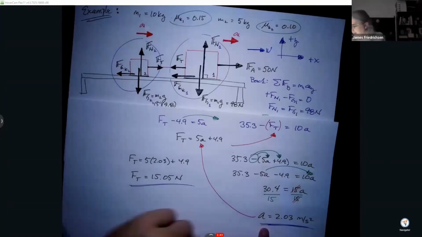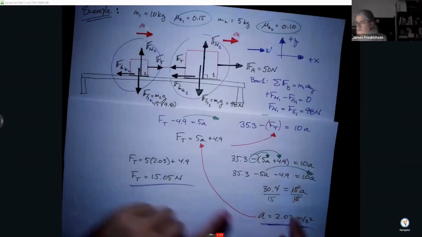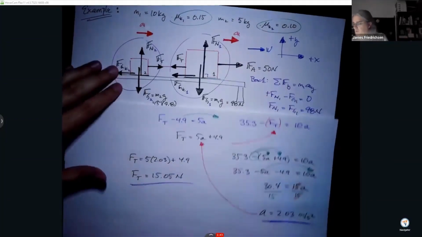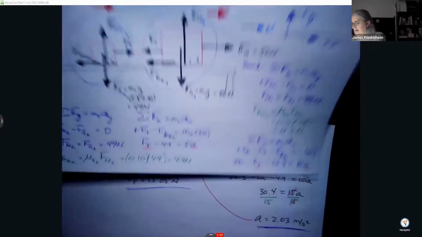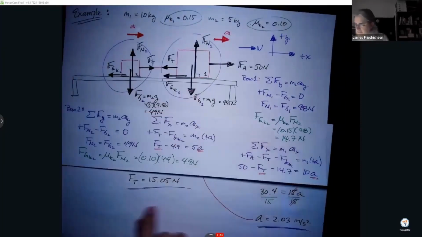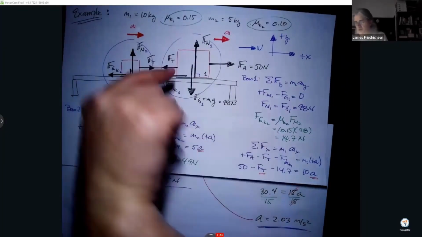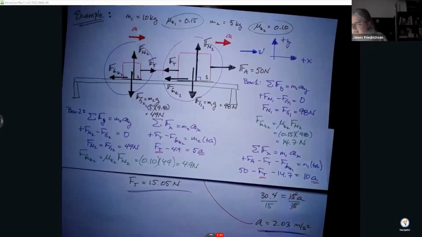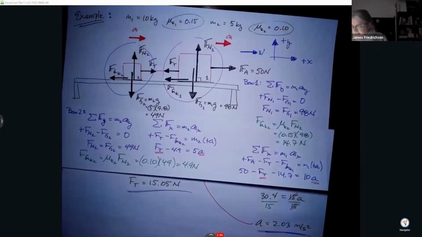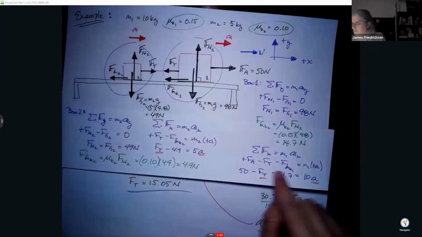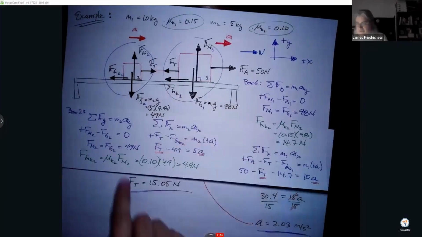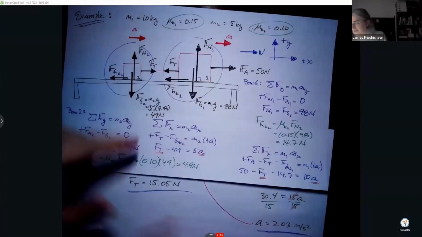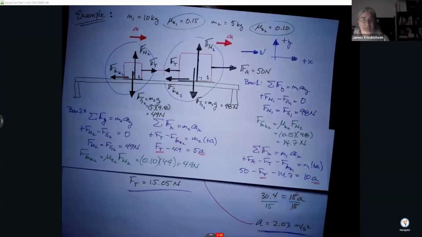Okay, so a being positive says we coded the directions for the accelerations in the correct direction. Here I picked that it went to the right, and here I picked that it went to the right, so it goes to the right and to the right. And then this tension magnitude being positive says I coded the directions on the tensions correctly. On box 1, I said it went to the left, but on box 2, I said it went to the right. And so those are correct.